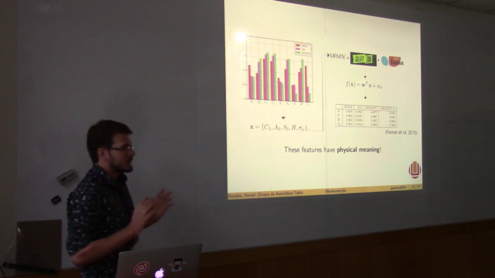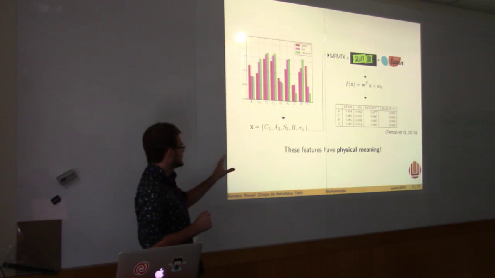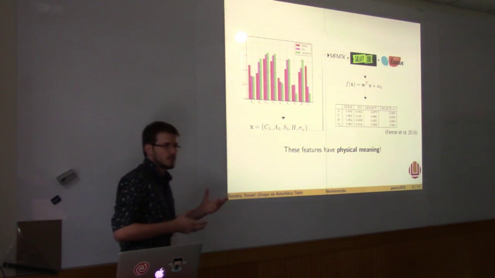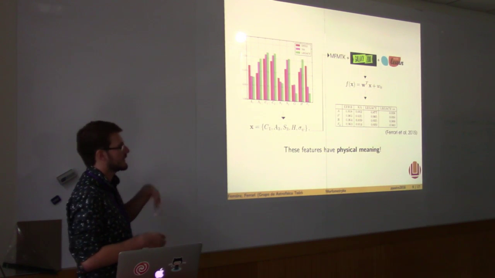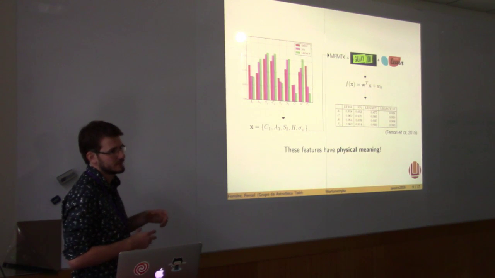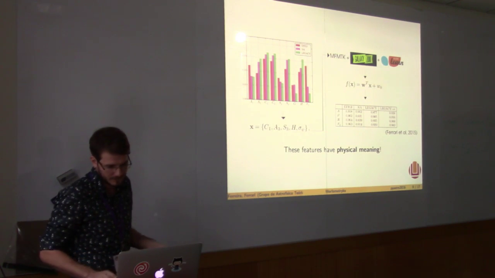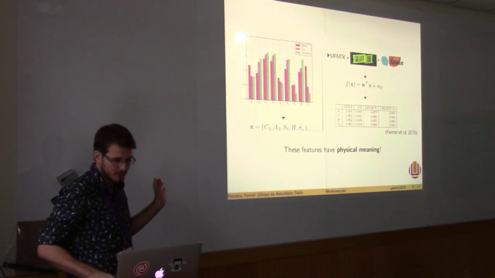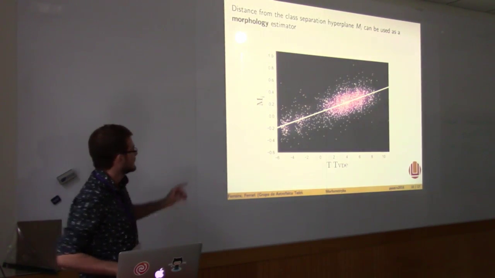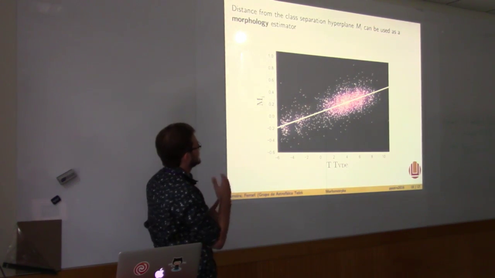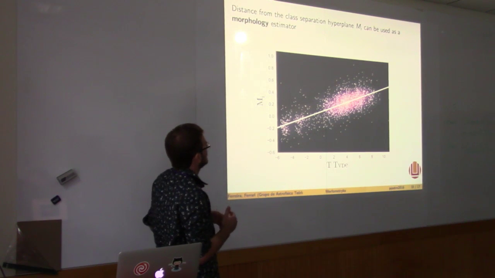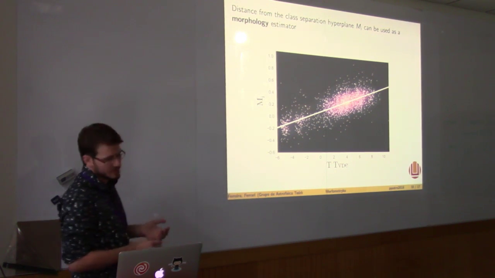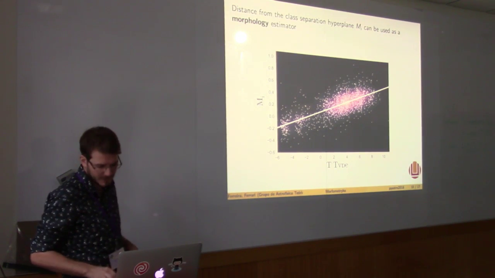So the important thing here is that these measurements have physical meaning. Usually people do supervised classification on hundreds of parameters and they don't have physical meaning. So we are able to reproduce human classification with these parameters. And the distance from the class separation hyperplane can be used as a morphology estimator. It correlates very well with the t-type.